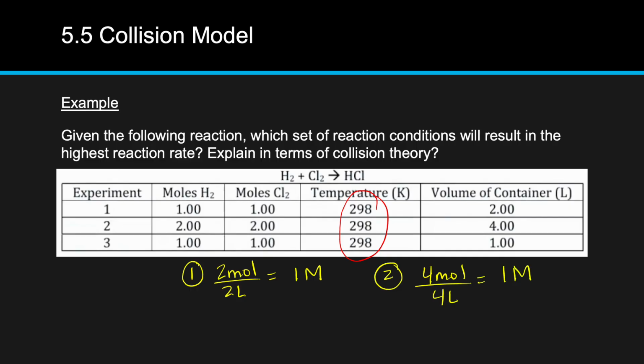And then finally looking at experiment 3, we have a total of 2 moles in 1 liter of solution, so that is 2 molar concentration. So if we are looking for the conditions that will result in the highest reaction rate, we are going to want experiment number 3 because it has the highest concentration, which means particles are closer together and collide more often. So it's going to have the highest reaction rate.